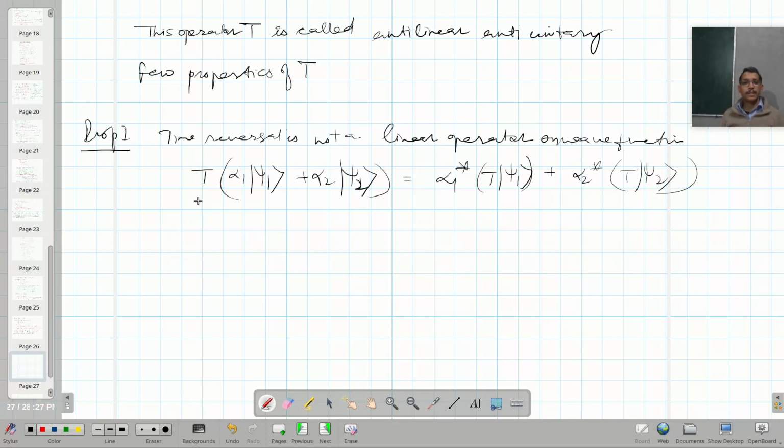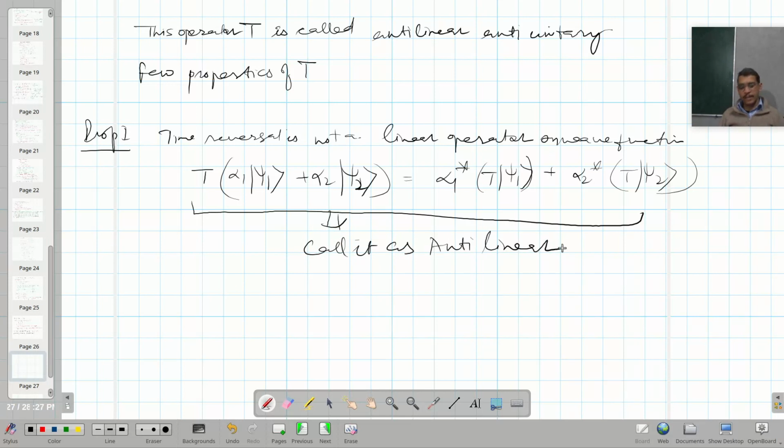And that means this is not linear, but if it can be expressed in this way, we can call it anti-linear, right?